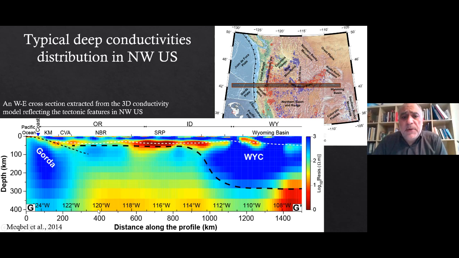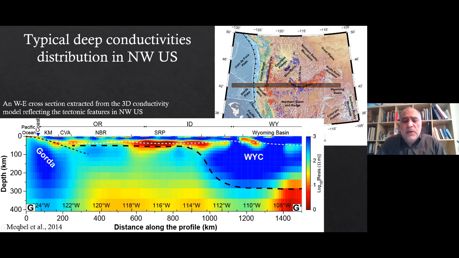In the central part, where we have the extensional regime, you have the Snake River Plain that goes toward the Yellowstone supervolcano, which is located somewhere here on the map. Let me point that out: here is the location of the Yellowstone volcano.